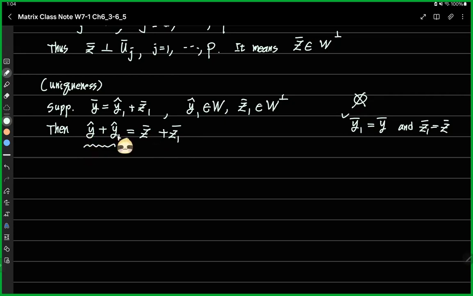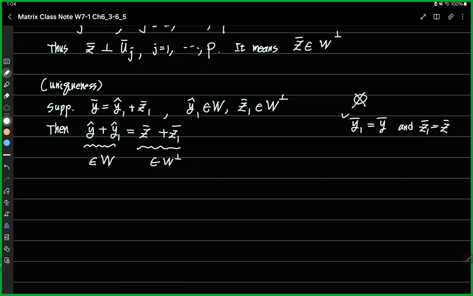Y hat and Y1 hat are in W, right? So this is in W, because the sum of two vectors must be in the subspace W. And since Z and Z1 are in W complement, the sum of two vectors must be in W complement.